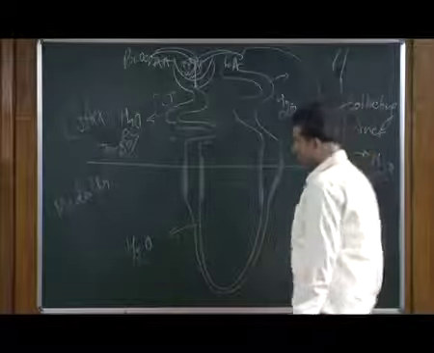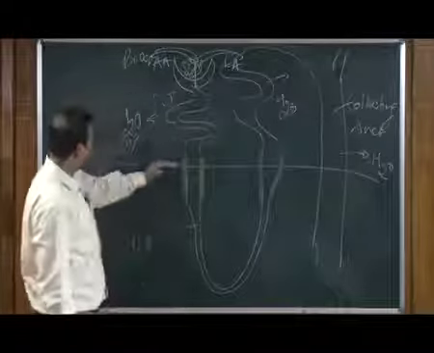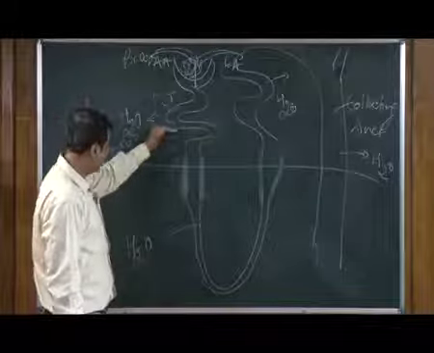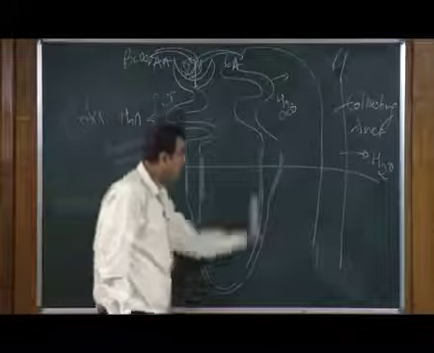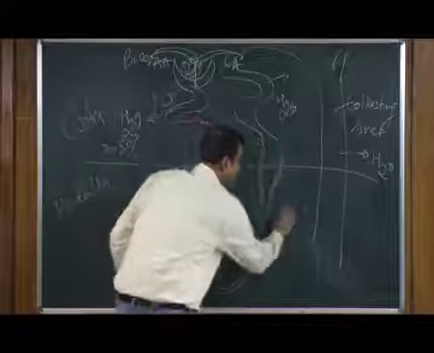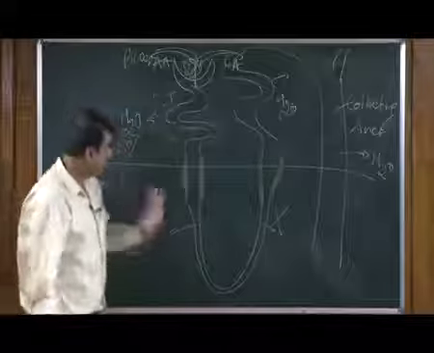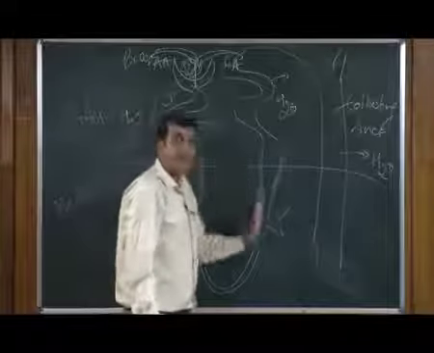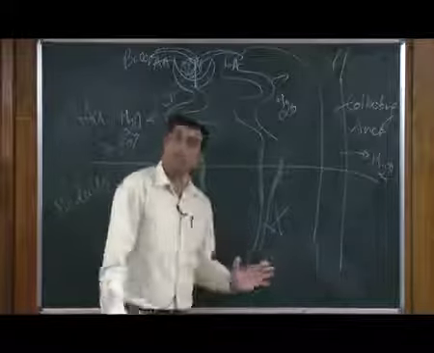So, if I draw the complete picture, the water is absorbed in the proximal convoluted tubule, and in Henle's loop in the descending loop, not in the ascending loop. In the ascending loop, there is no water absorption. This is very important to remember, that Henle's ascending loop is impermeable to water.